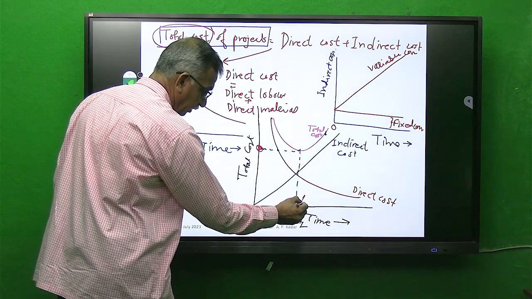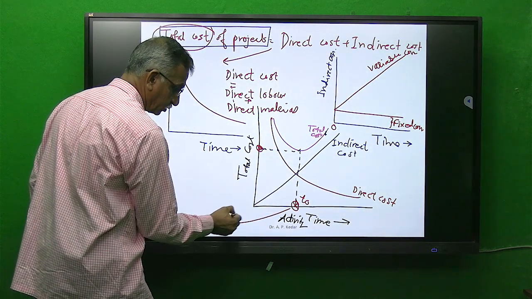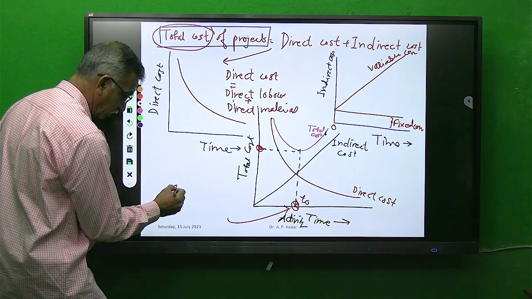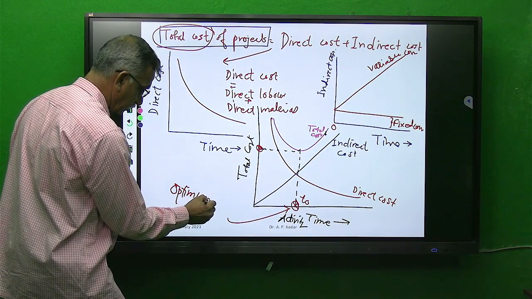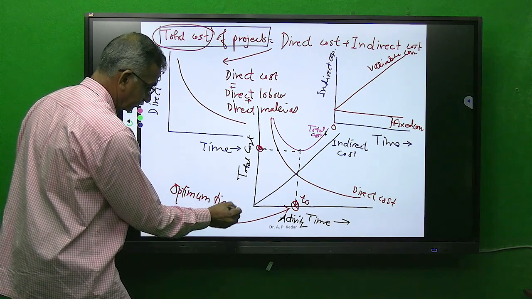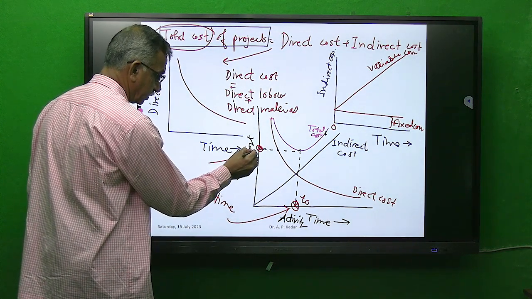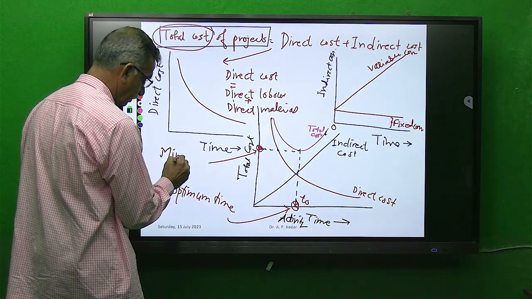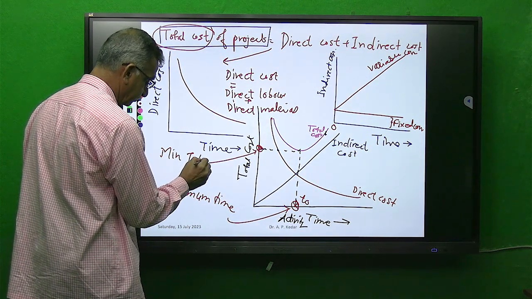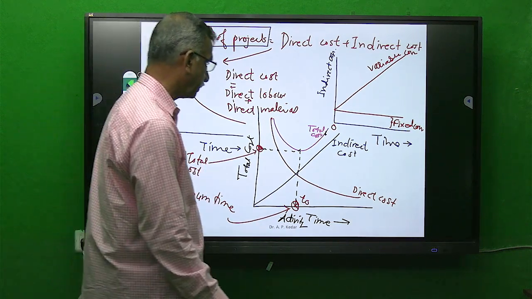So this particular point is called the optimum time, and this point is called the minimum total cost. I will explain this.